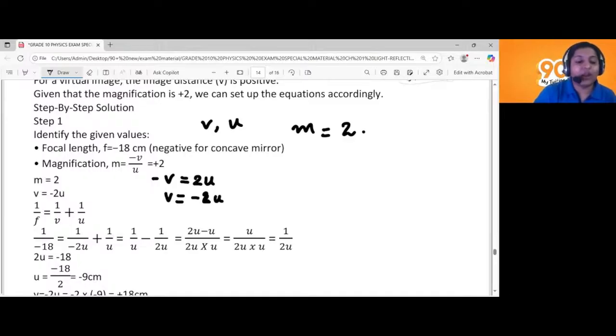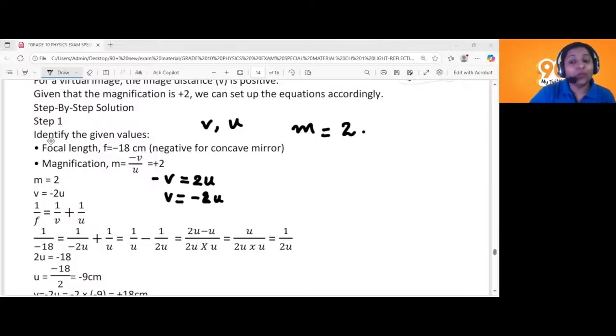So this can also be written as 1 by U minus 1 by 2U. Now cross multiply: 2U minus U divided by 2U into U.